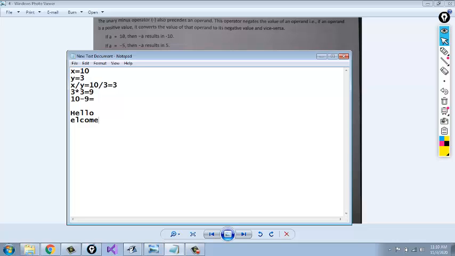Both are two strings. These two strings will be joined together using the concatenation operator. How can we join? Hello plus welcome. These two strings will be concatenated using the string plus operator. That is the use of the string plus operator.